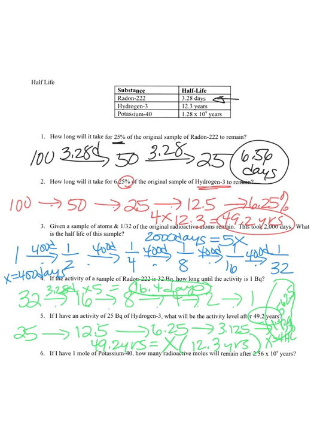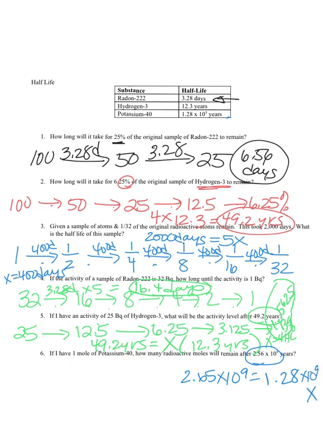The last one, if I have 1 mole, oh, I'm sure you're excited, chemistry memories. If you have 1 mole of potassium-40, how many radioactive moles will remain after 2.56 times 10 to the 9th years? You might be like, oh my gosh, how do I deal with this crazy number? Look at the half-life for potassium-40, which is 1.28 times 10 to the 9th years. So 2.56 times 10 to the 9th equals 1.28 times 10 to the 9th times x.